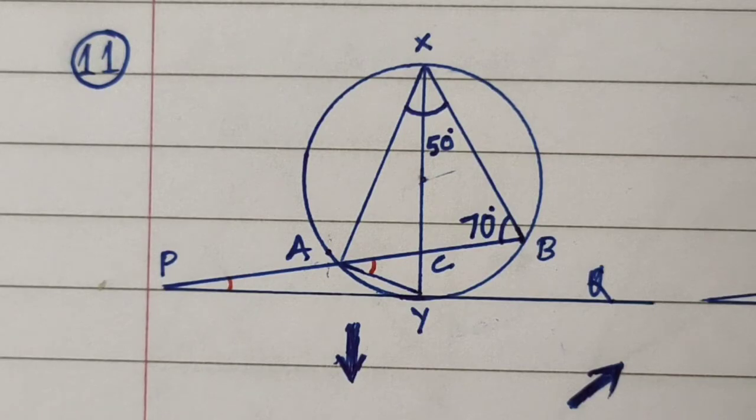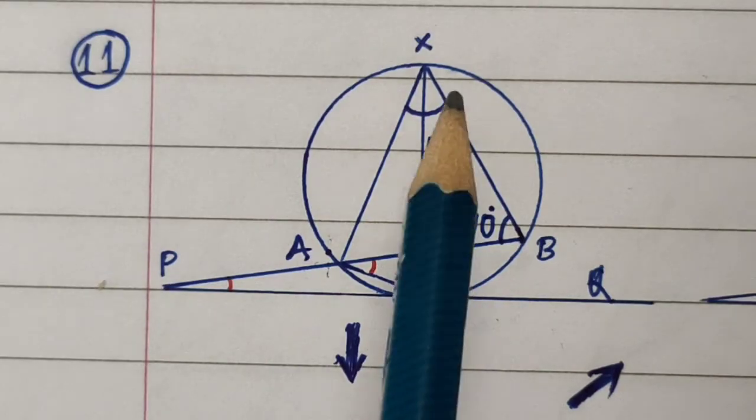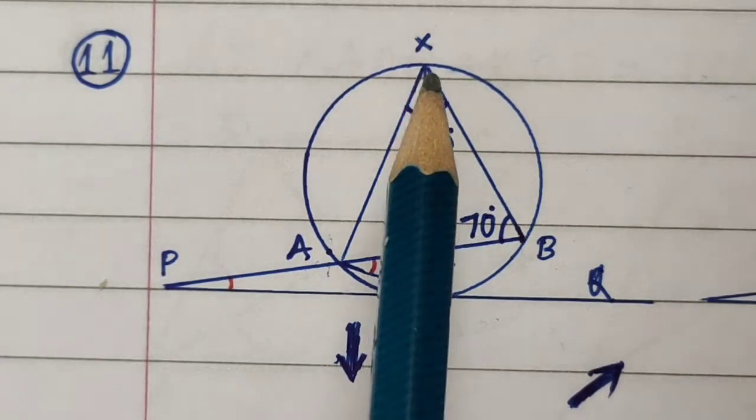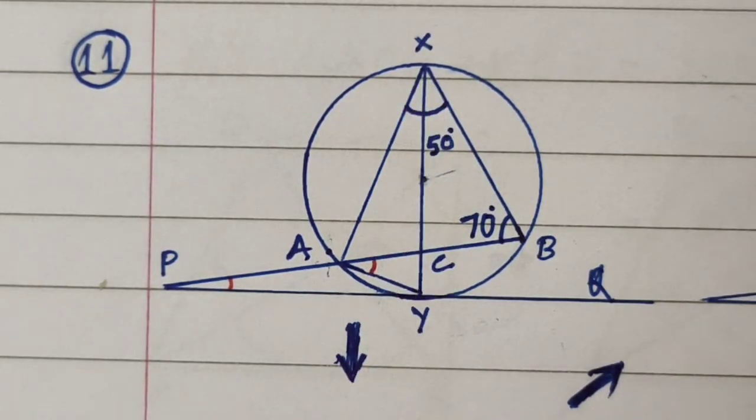In the given figure, XY is a diameter of the circle.